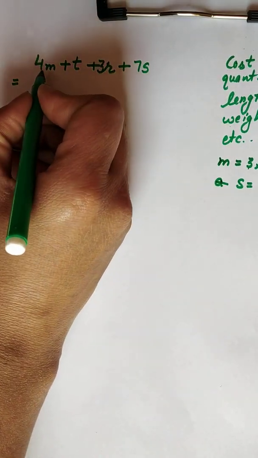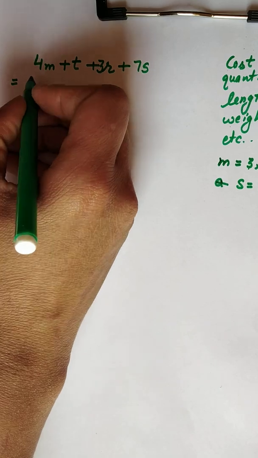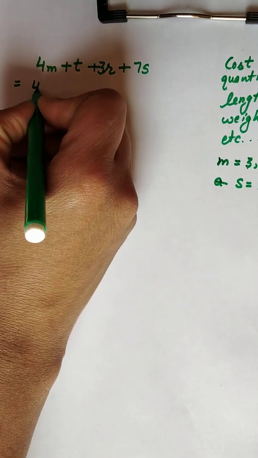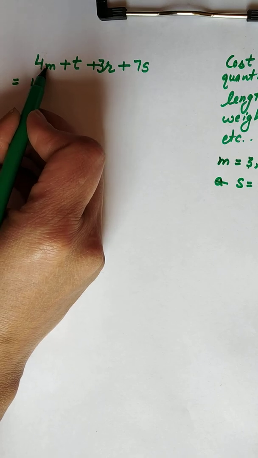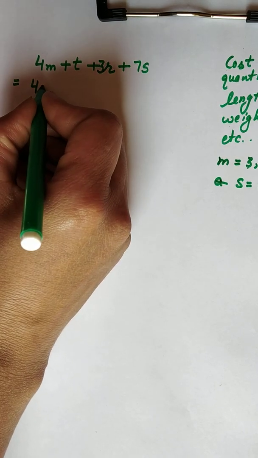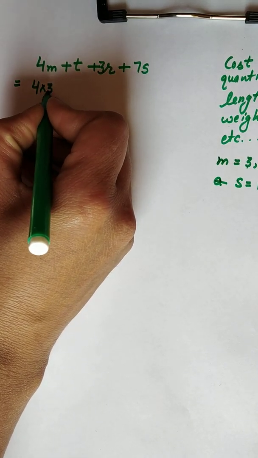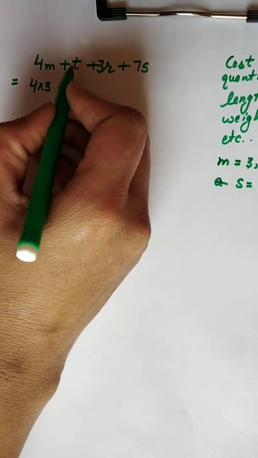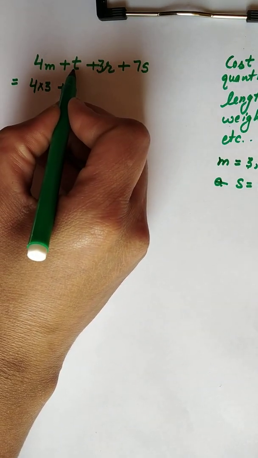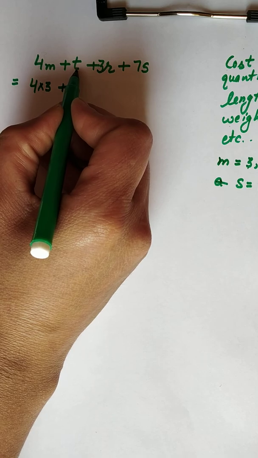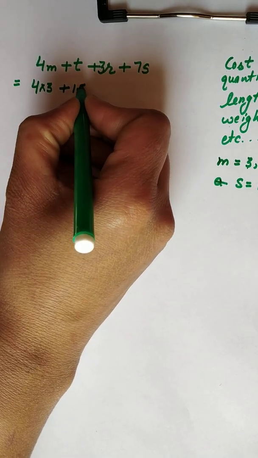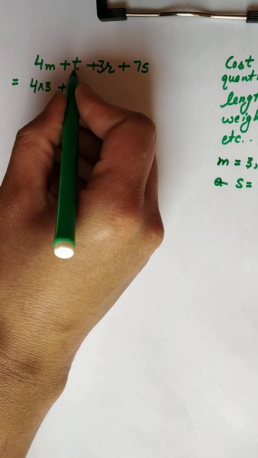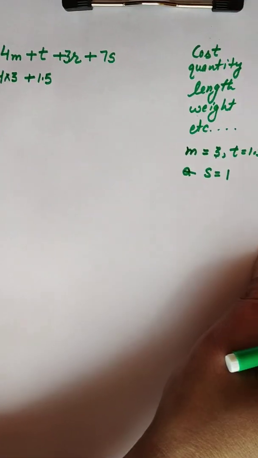Okay, so M is equal to 3, so we are paying this cost 4 times M. So it's 4 times 3. Then we have bought one more object whose cost is T. That means we are paying 1.5 for that, because T is equal to 1.5.